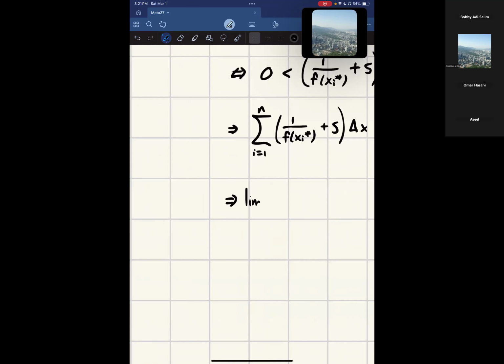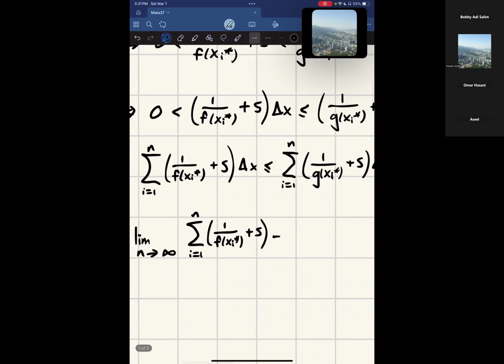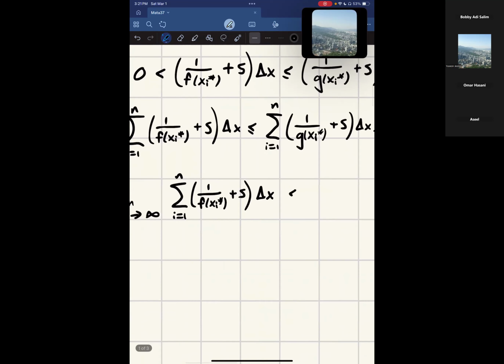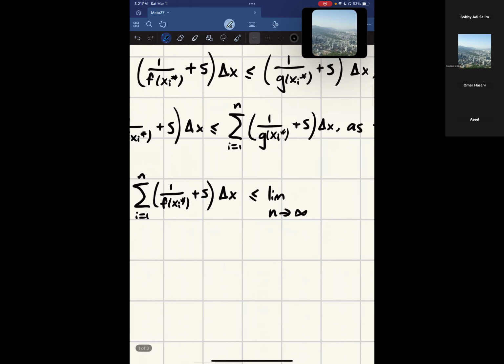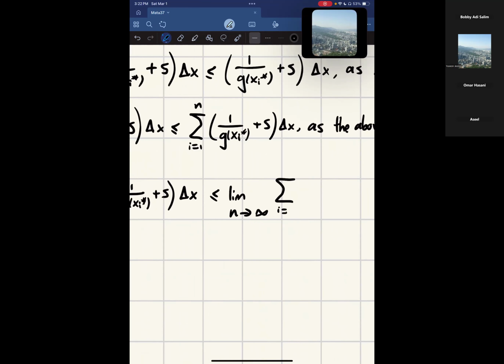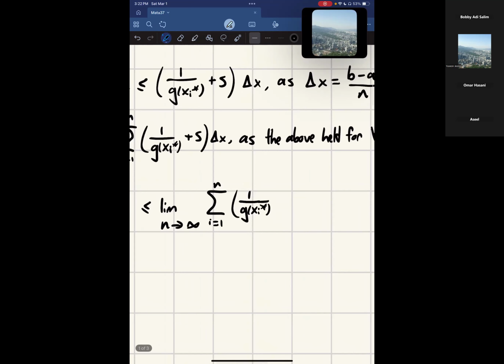We have that the limit as n approaches infinity of the sum from i equals 1 to n of 1 over f of xi star plus 5 times delta x is less than or equal to the limit as n approaches infinity of the sum from i equals 1 to n of 1 over g of xi star plus 5 times delta x.